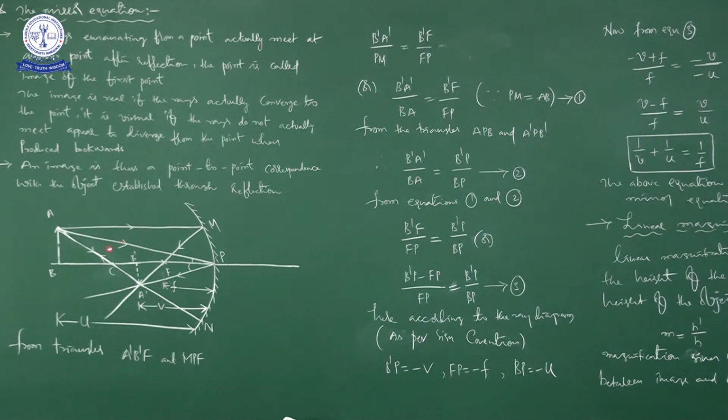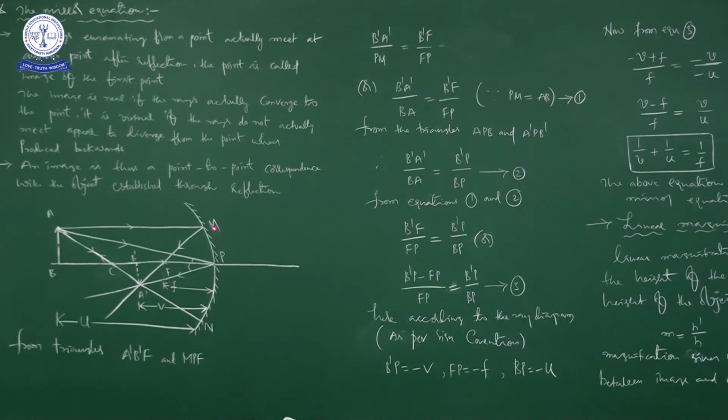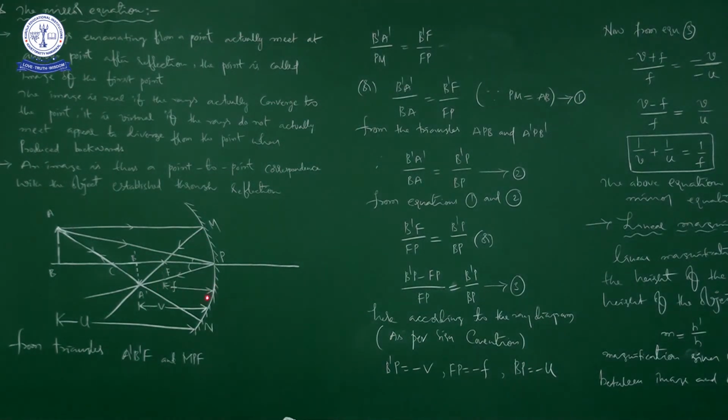These three are the incident light rays and these three are the reflected light rays. Okay, so this is the pole. It is the point where this light ray is going to be incident. Okay, and one more thing, this is the focal length, this is the image distance, and this is the object distance.